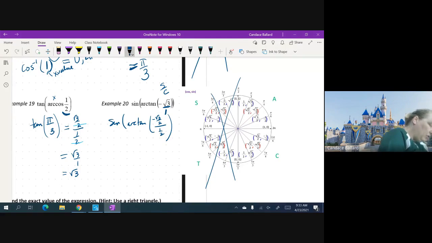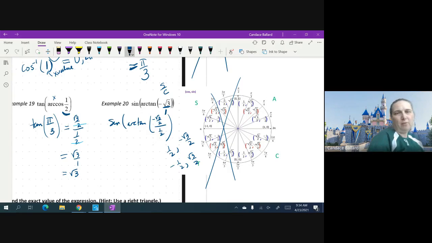So if I think about this in terms of sine and cosine, my x value has to be 1/2 and my y value has to be negative square root of 3 over 2, or my x value has to be negative 1/2 and my y value has to be square root of 3 over 2. So I'm looking for those 2 possibilities.